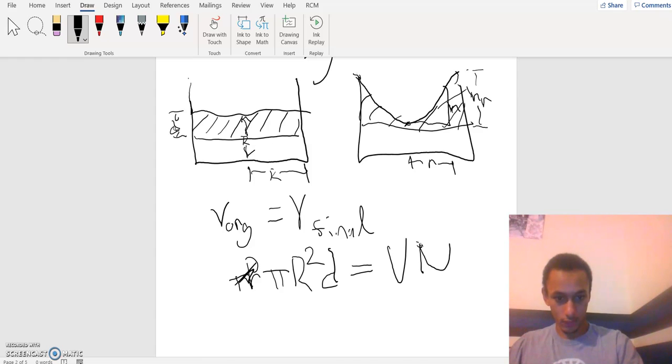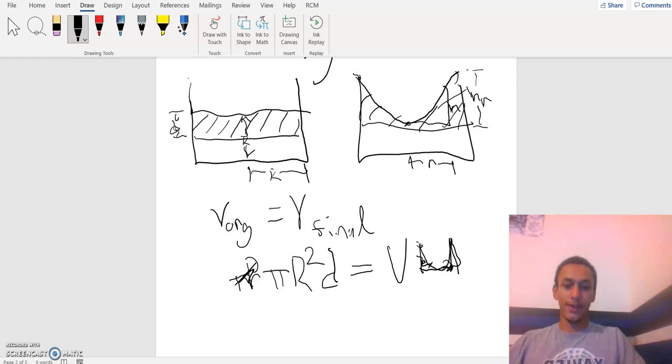Volume. I'm going to try to shade it in as best as I can. There. So now our goal here is going to have to solve this volume.